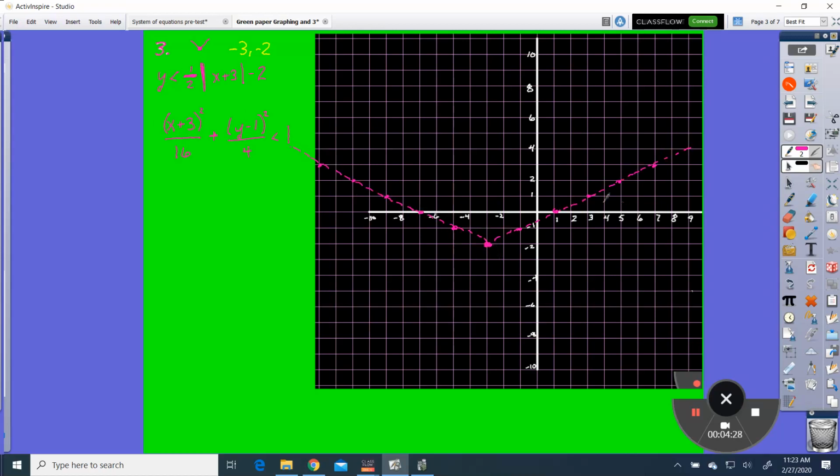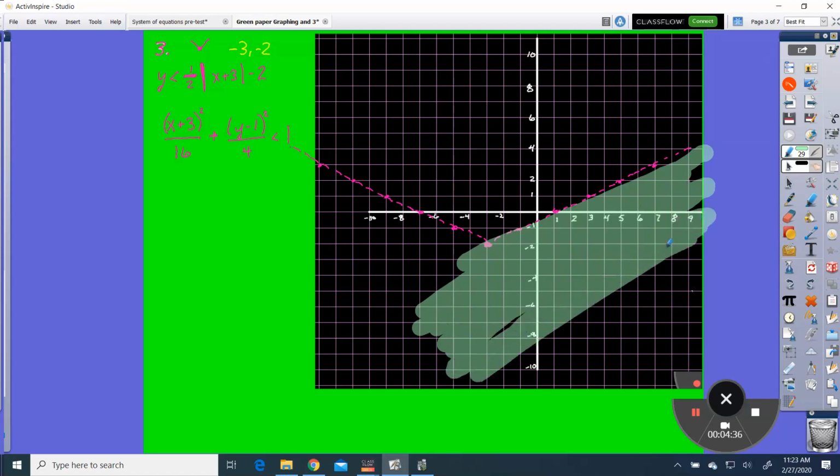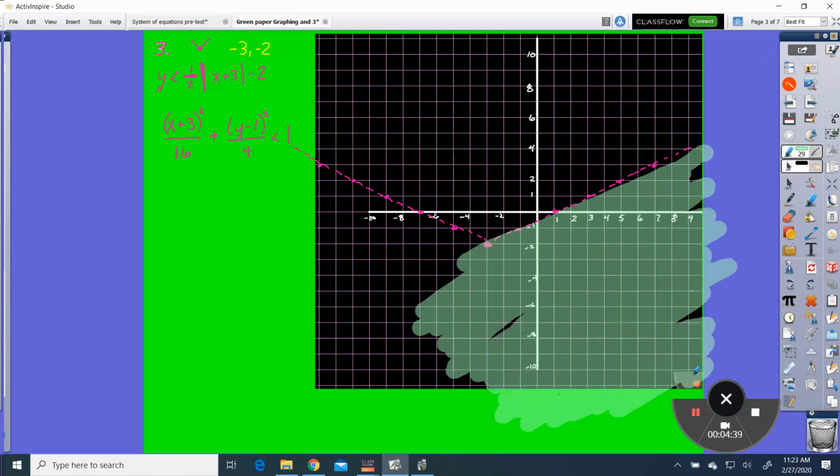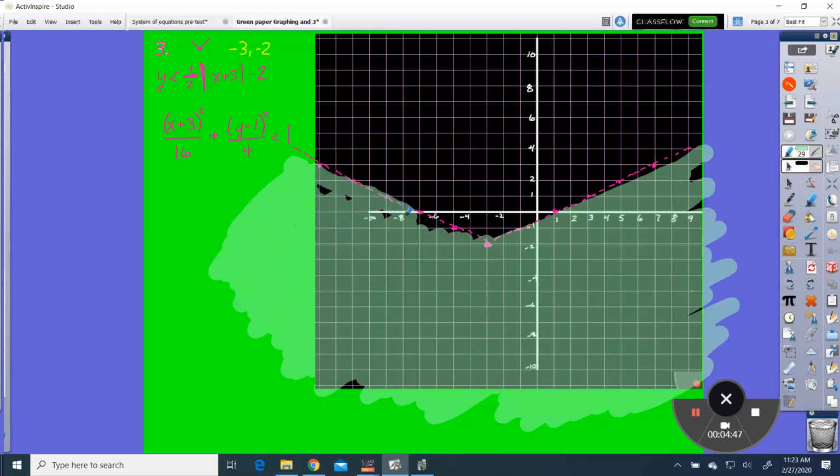Now because it's less than, I would shade everything below. So less than is everything shaded below. I shade all of this stuff down below.